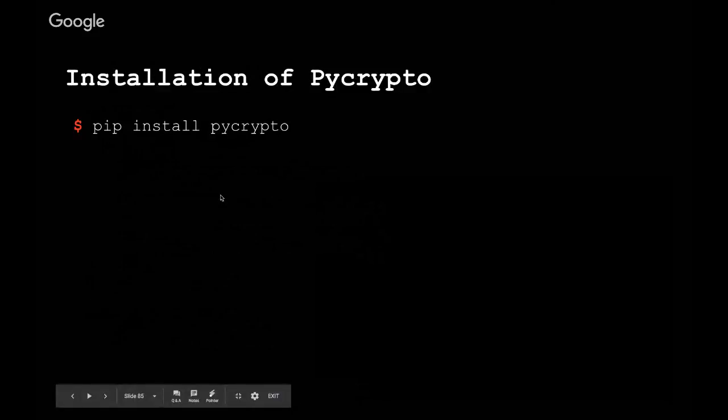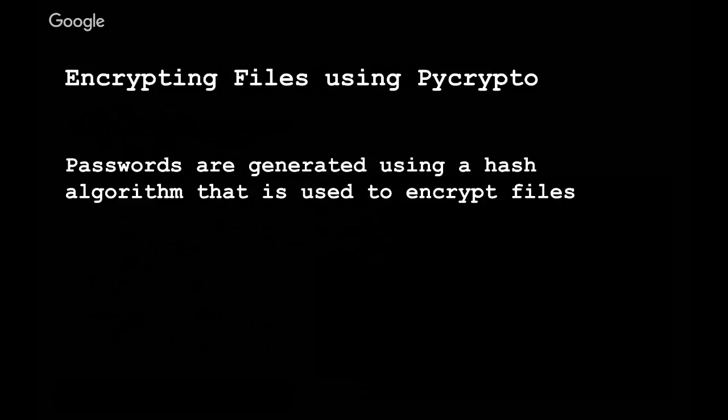Yeah, and then I also wanted to say that if you want to use PyCrypto, you can install it this way, but it's not recommended that you do so because it's not maintained anymore as of a few years ago. But you can use PyCrypto to encrypt files. You probably can in cryptography by this point, but PyCrypto has a method of doing it that still works. And basically, passwords are generated using a hash algorithm that's then used to encrypt files.